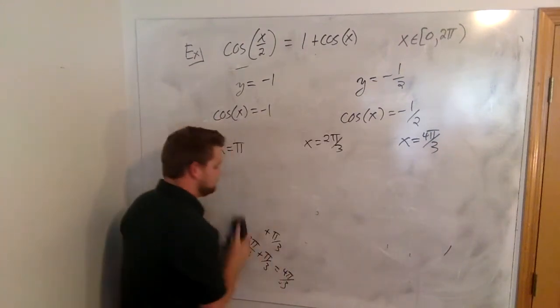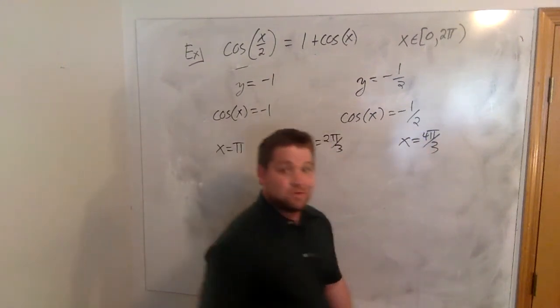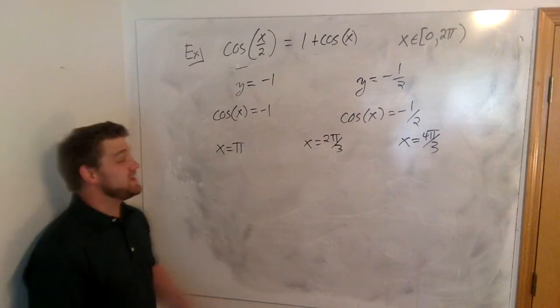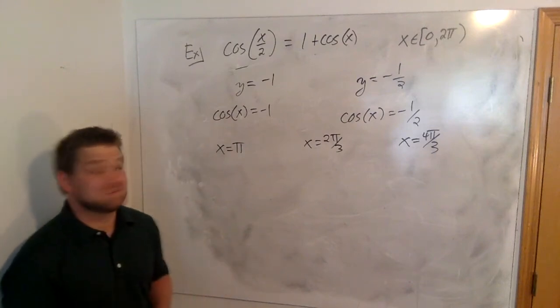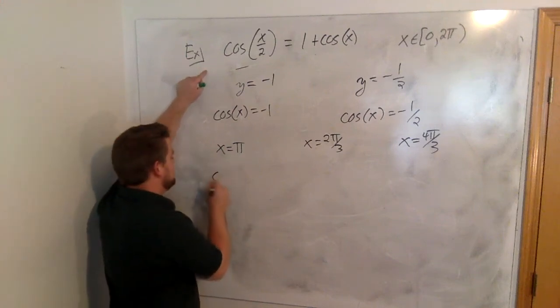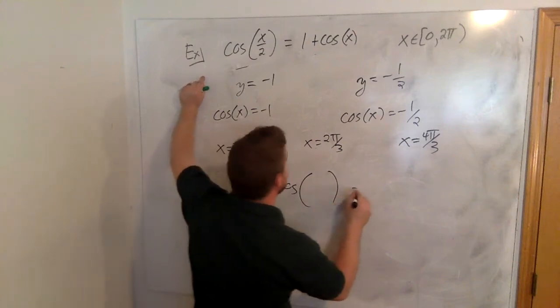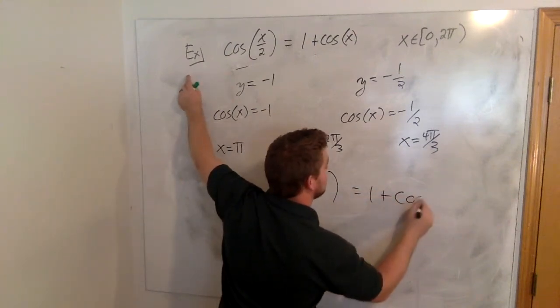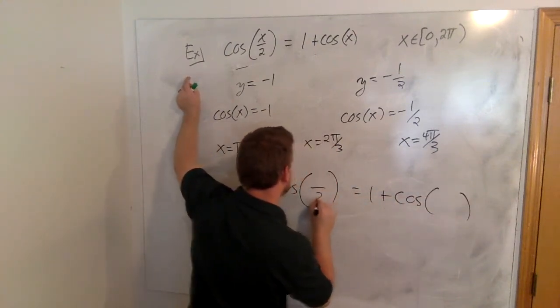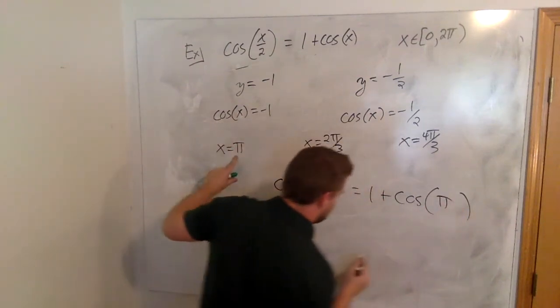However, we've got to be careful. Why do we have to be careful? Well, remember we squared both sides in the beginning. So we need to check and make sure that all these solutions here work. Okay, so let's do it. Let's check this one. So we have the cosine, and let's put in pi because we can keep our unit circle here.